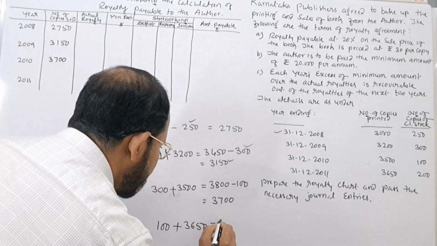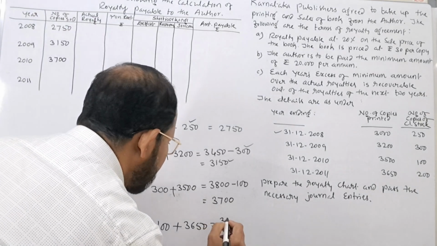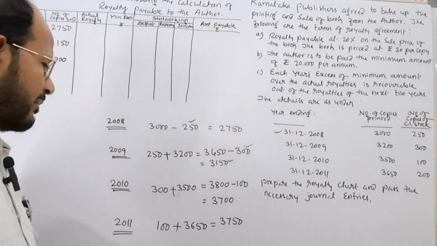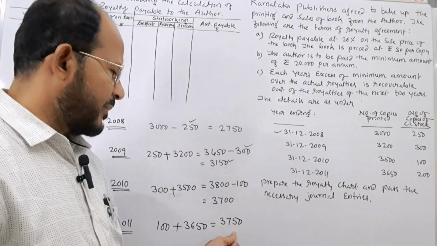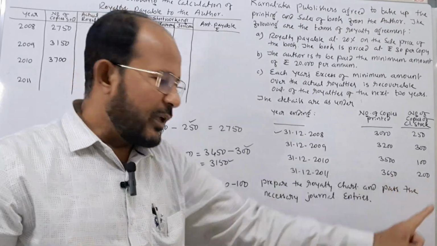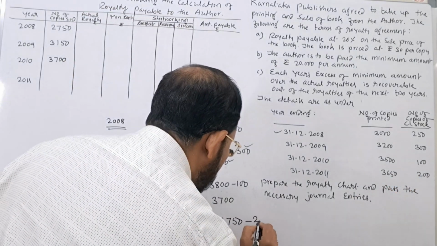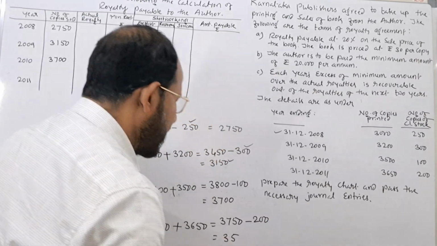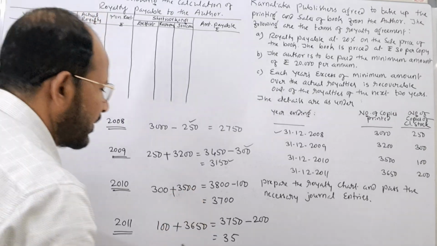And total books for sale is 3,750 in the year 2011. Then out of this, 200 books were not sold. That is why 200 books are in stock, and that we have to minus from the total books which are available for sale.